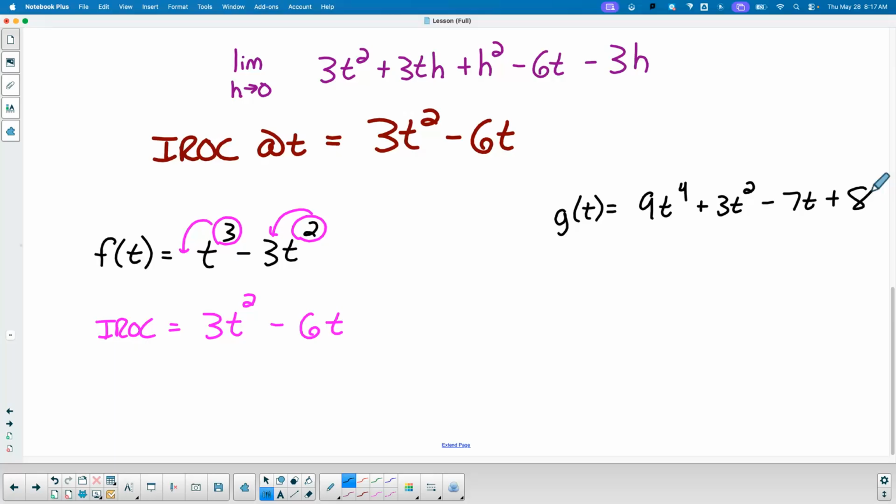So this first one, the IROC function then would be what? Give me this first one. 36t cubed. Do we agree? 4 times 9, t, 4 minus 1 is 3. What's my next one?